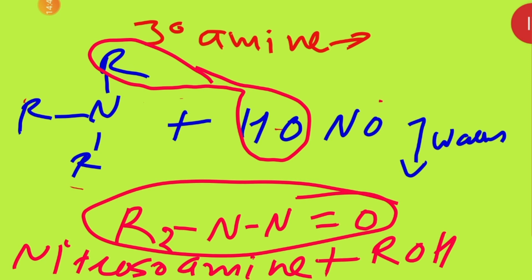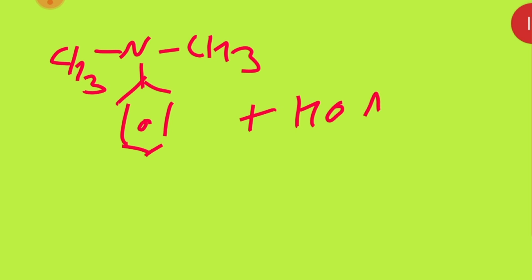Okay, same way we can also take an aromatic amine, in case of CH3, like this way only it is there. Then in this case, okay beta, what to do, look, here one hydrogen is also there. Aromatic tertiary amines usually form the nitroso compound.